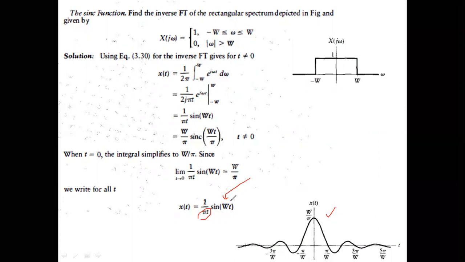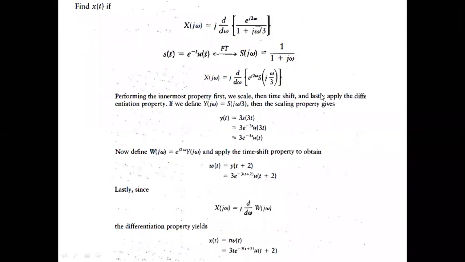This gave us a rectangular pulse from minus w to plus w, where w is not frequency but some constant. Now in this place we have pi and 2 pi, so let us cleverly substitute this ready result to get the answer.